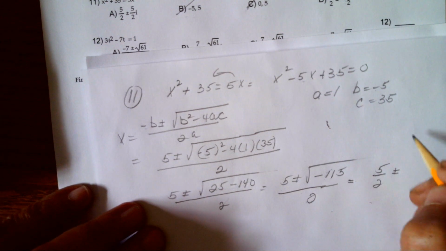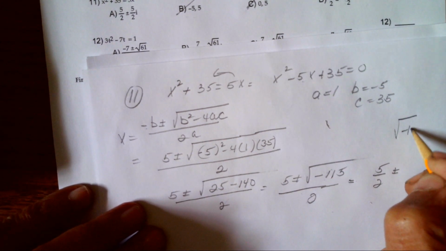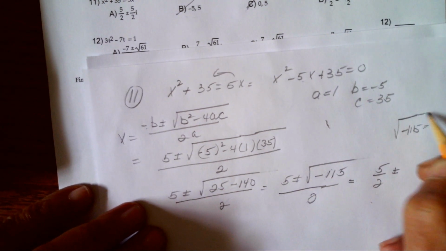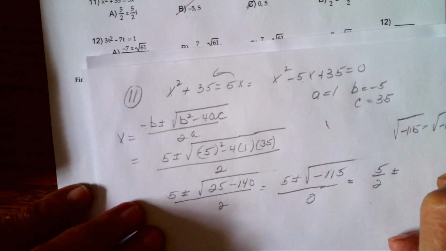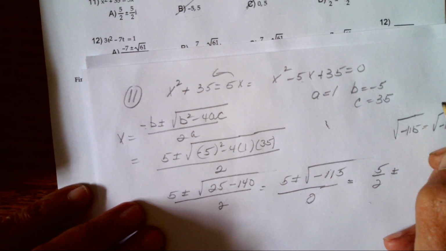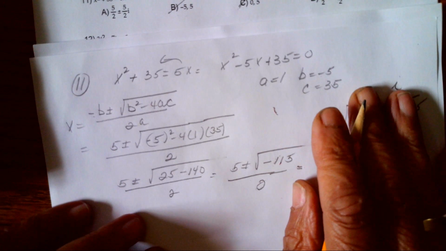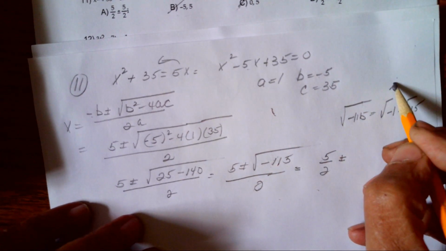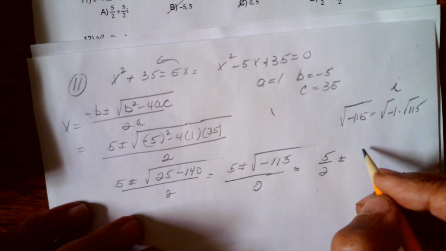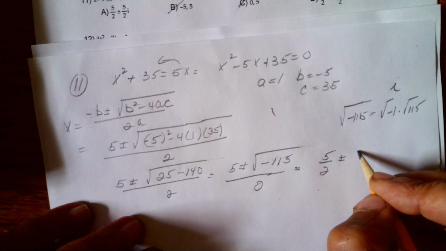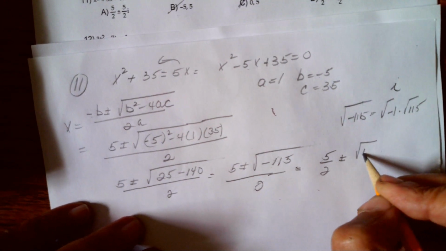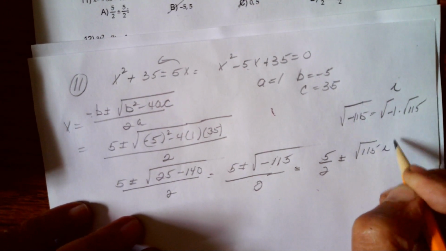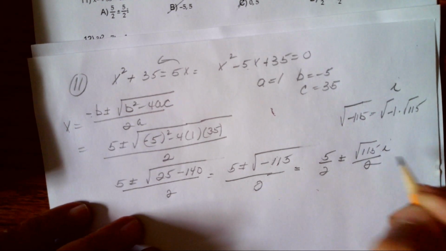Now I'm going to write the square root of a negative 115 as the square root of negative 1 times the square root of 115. Now, the square root of negative 1 is i. So this becomes the square root of 115 i divided by 2.